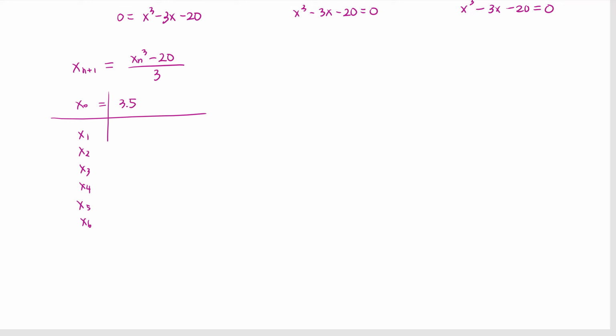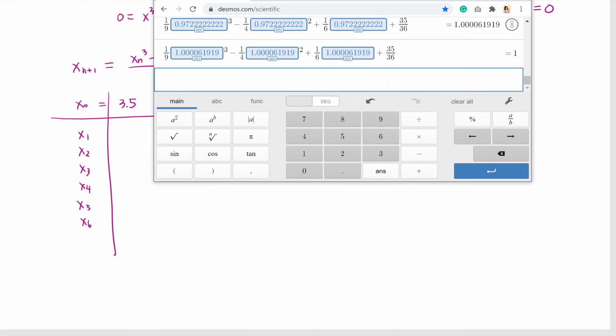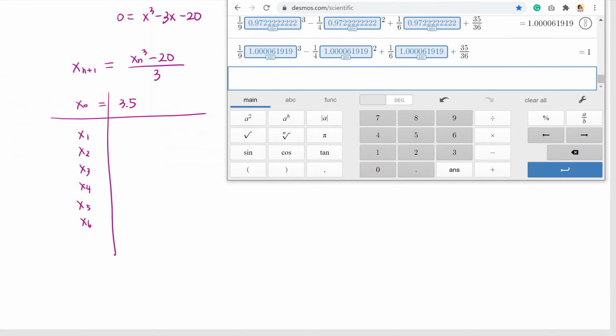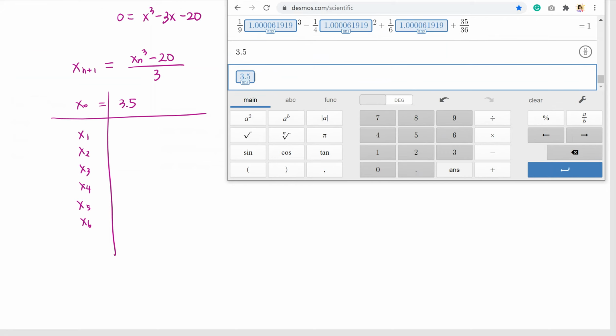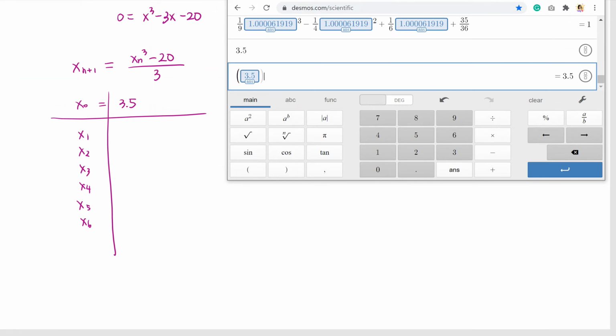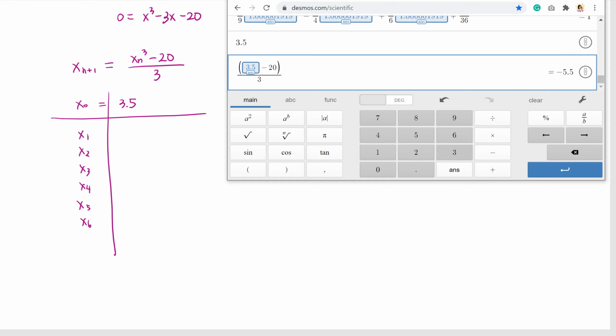Well, let's see what happened. Calculator, where are you? Here. So 3.5, enter. And then we do answer, oh, parentheses first. Parentheses, answer minus 20, close parentheses, divided by 3.